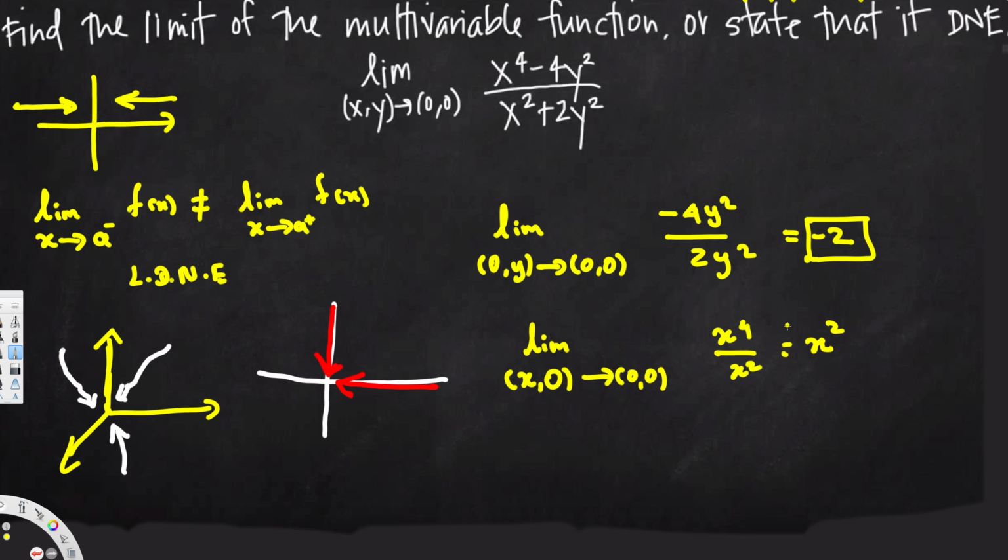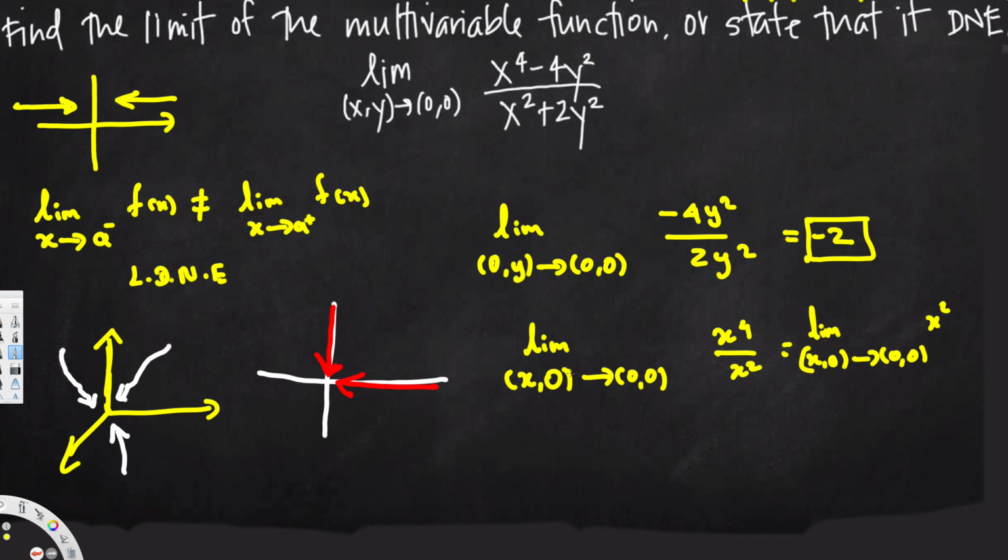But we have to put limit right here, right? Since we are getting an x value, we have to apply the limit. So limit as x approaches 0 is going to be x square.